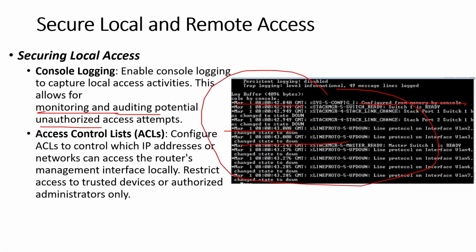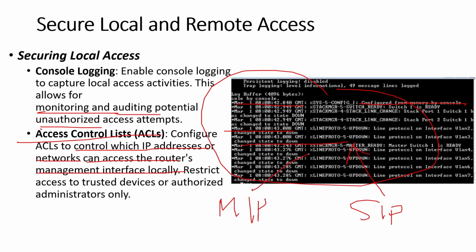You can also use an access control list. You configure ACLs to control which IP addresses or networks can access the router's management interface locally. You could set multiple IP addresses, or you could set only single IP addresses to access this device.